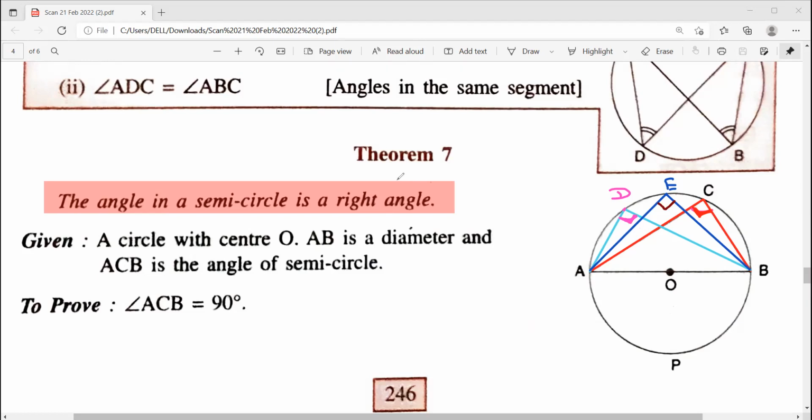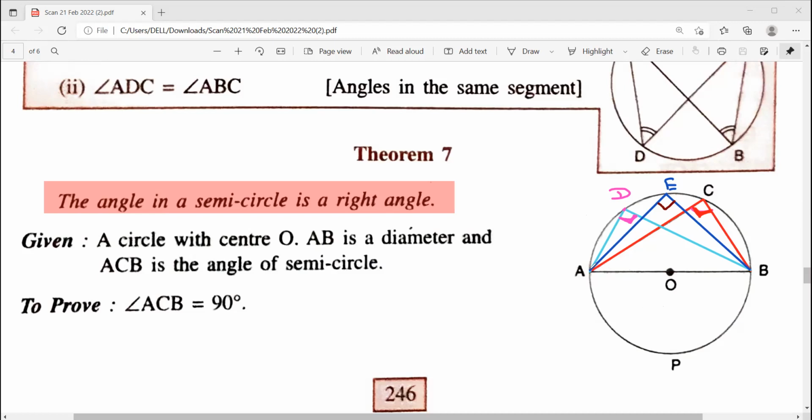It's a right angle. When you say angle in a semicircle, how are you going to get a semicircle? A semicircle is half the circle, and when you say half the circle, the diameter will definitely come into the picture, because it is the diameter which divides the circle in two halves.